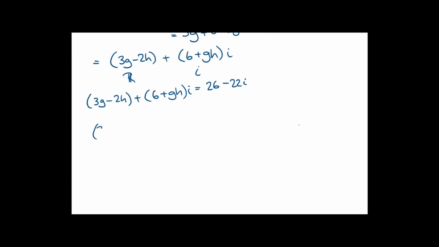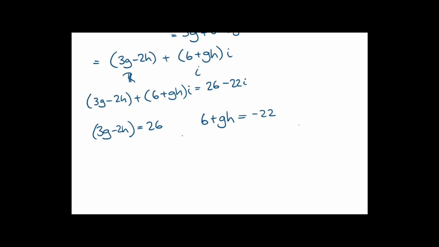It must be true: 3g minus 2h equals 26. Yeah, they must be true. And the imaginary side, 6 plus gh must be equal to minus 22.